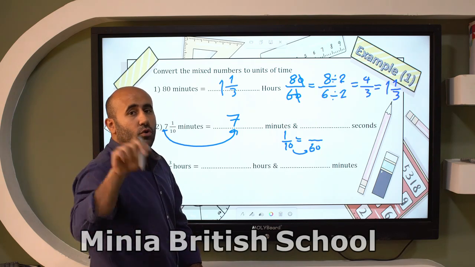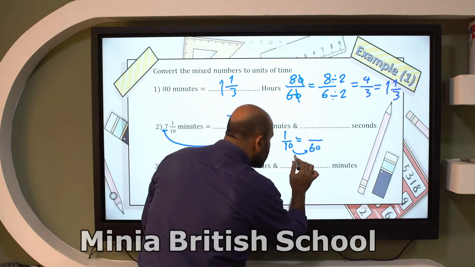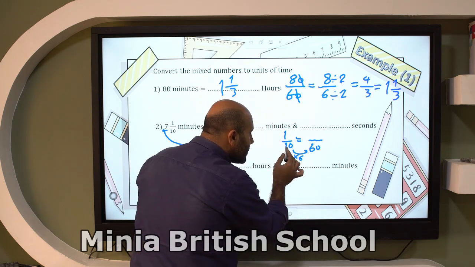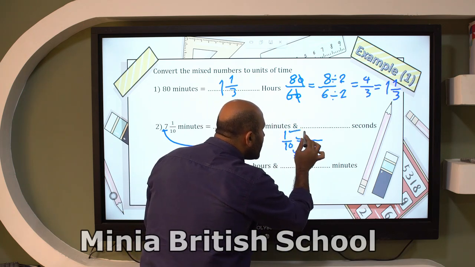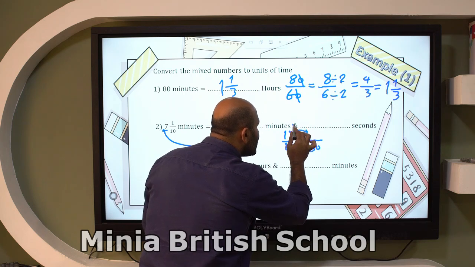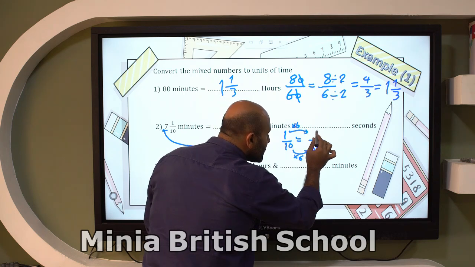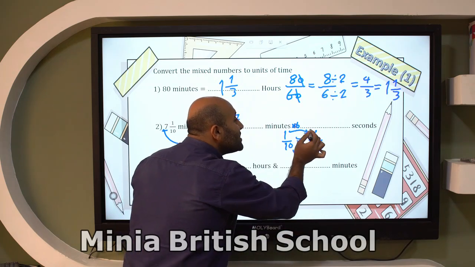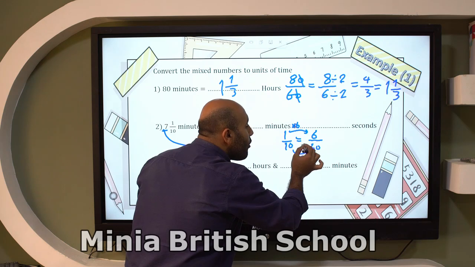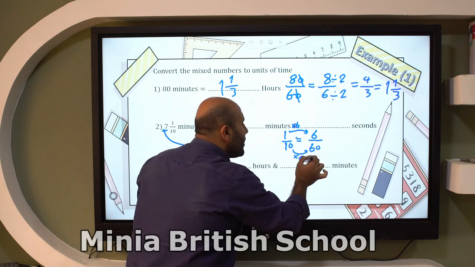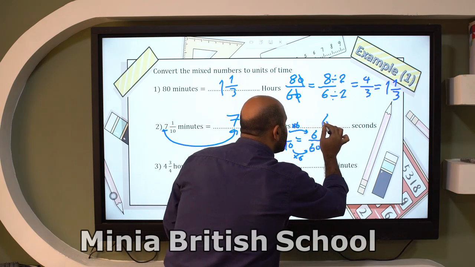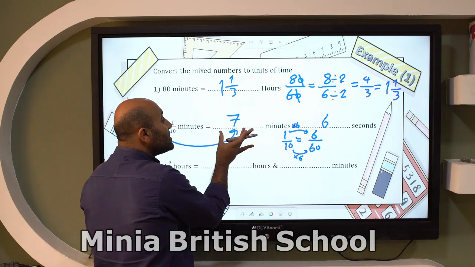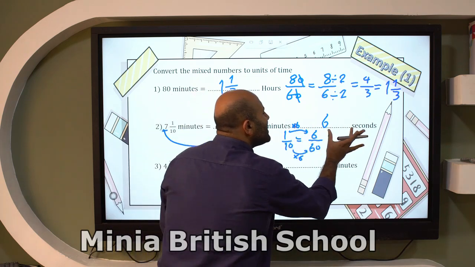That's right, you all got it, times 6. And just like I multiplied it by 6, I have to multiply it also by 6. So 1 times 6 equals 6. That means the 1 over 10 equals 6 seconds out of 60. So 7 and 1/10 minutes equals 7 whole minutes and 6 seconds.